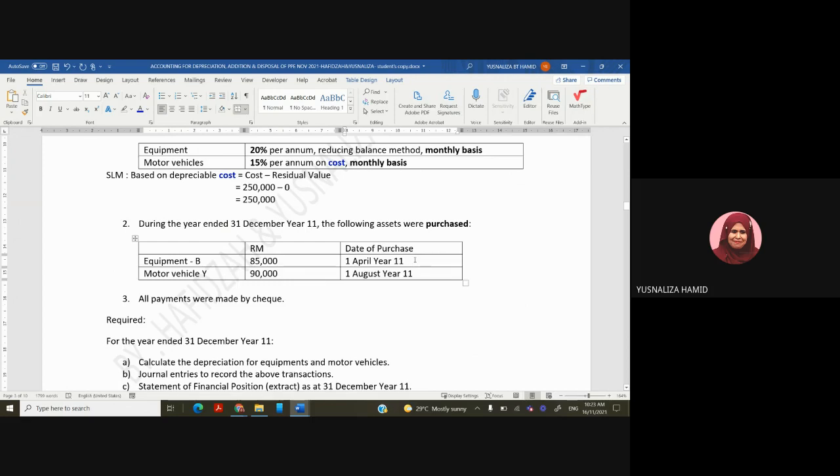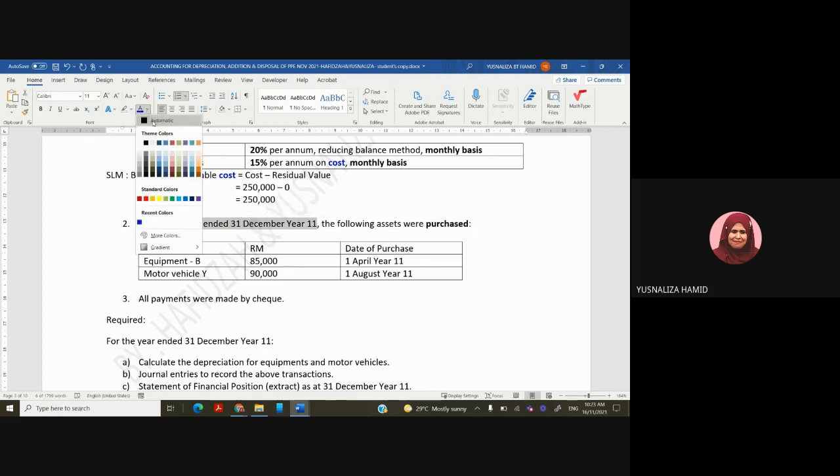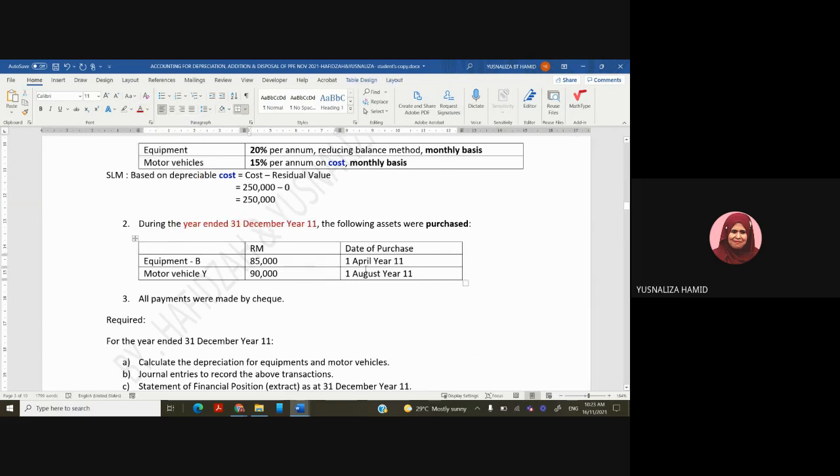And be careful, when it was 1st of April year 11, you need to understand that our current year is 31st of December. This is our current year, 31st of December, right? So if you purchase on 1st of April, you need to write the date, 1st of April. And at the same time, this is monthly basis. So when it is monthly basis, for the equipment, regardless equipment A, equipment B, they will be charged on monthly basis.